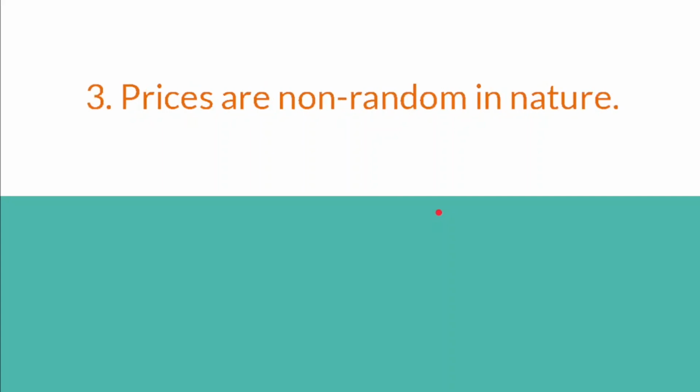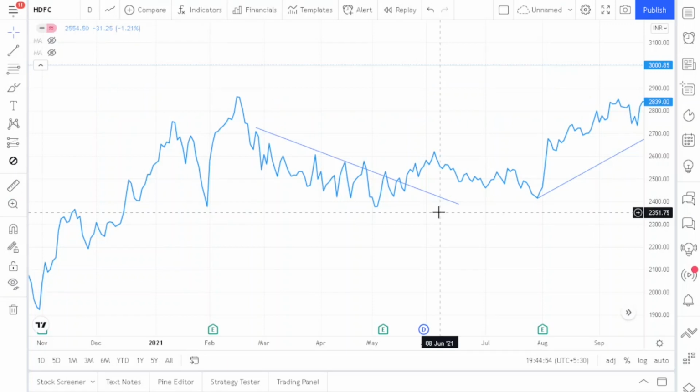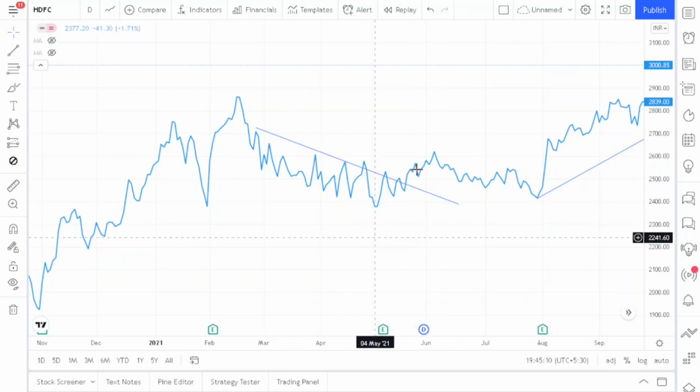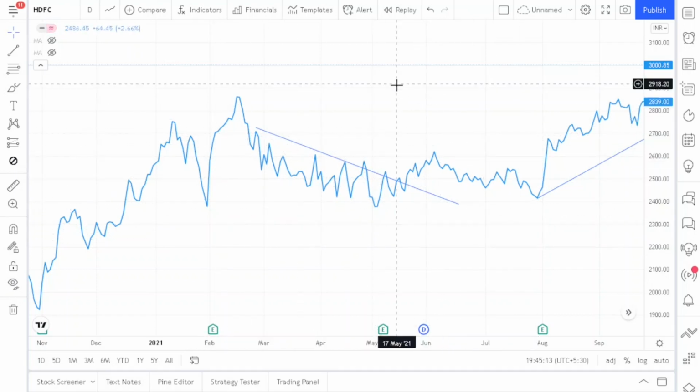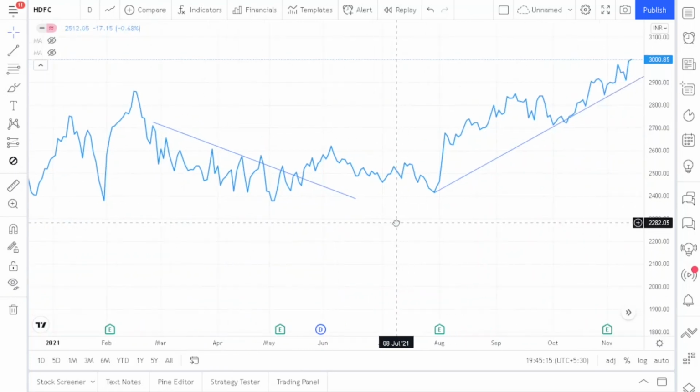The third assumption is prices are non-random in nature. So whenever trading happens in the market and people buy or sell out of fear or greed or maybe hope, so there are emotions in the market. People buy because of certain emotions, people sell because of certain emotions. So whenever prices are changing, whenever it is going up or down, it carries a lot of emotions.